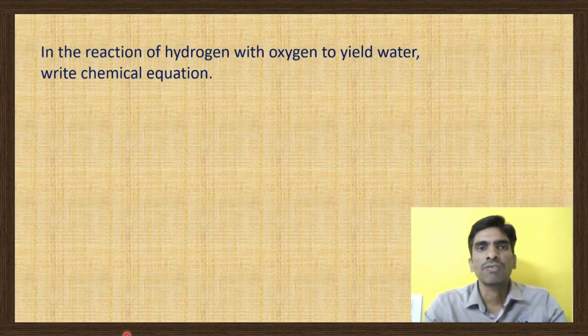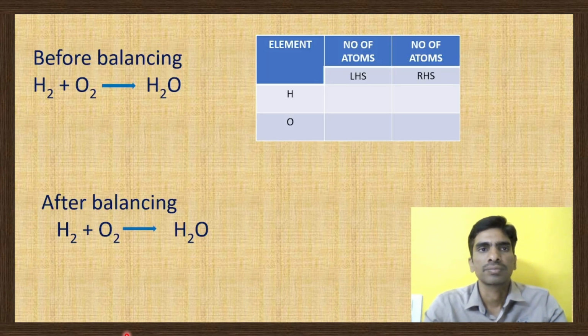In the reaction of hydrogen with oxygen to yield water, write the chemical equation. Hydrogen and oxygen combine to form water. The elements in this equation are hydrogen and oxygen.